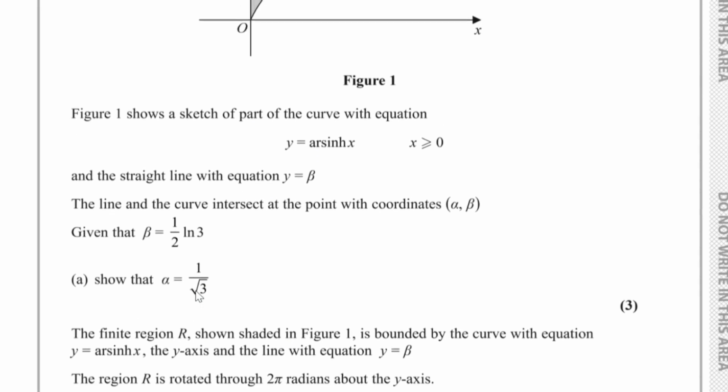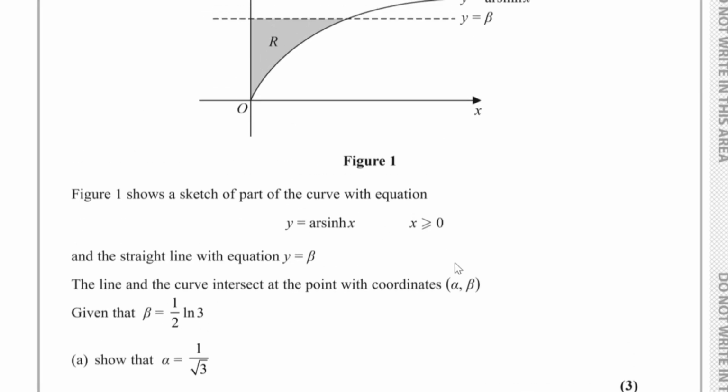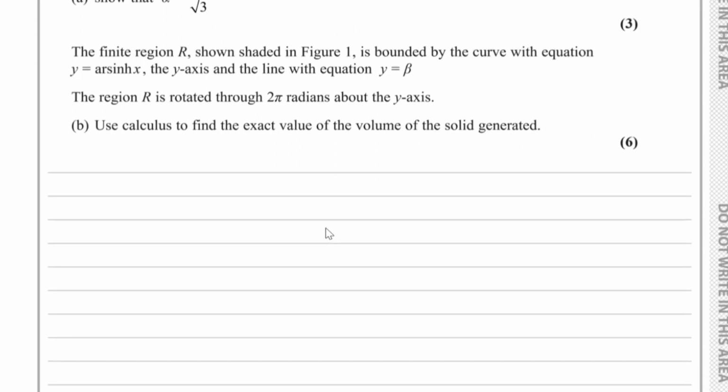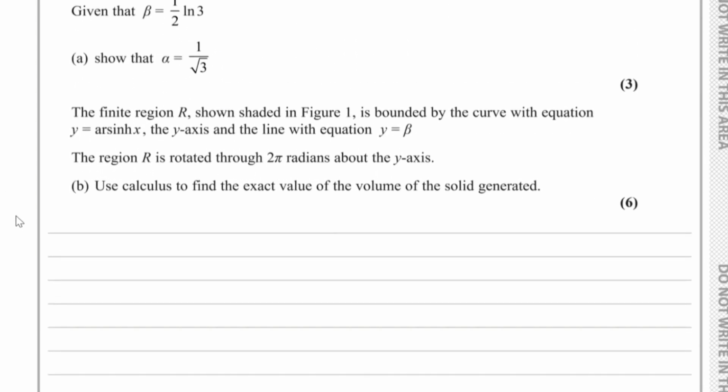So all we have to do is substitute in this point here into this equation. So for part A, we've got alpha, beta. So we've got beta equals inverse hyperbolic sine of alpha.